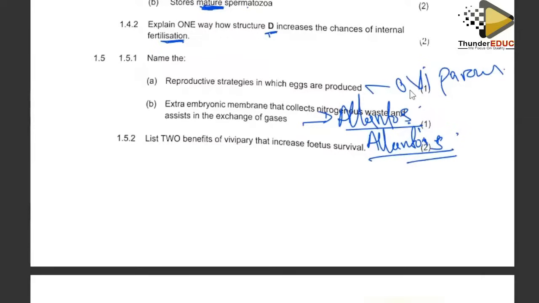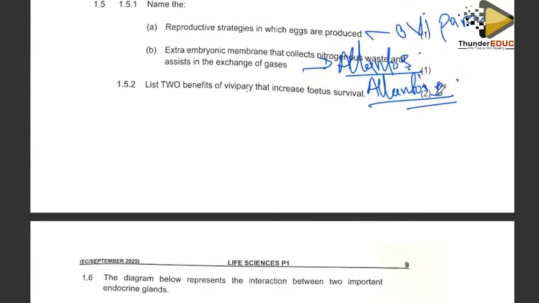List two benefits of viviparity to increase the fetus's survival. First, the fetus obtains nutrients directly from the mother's body.